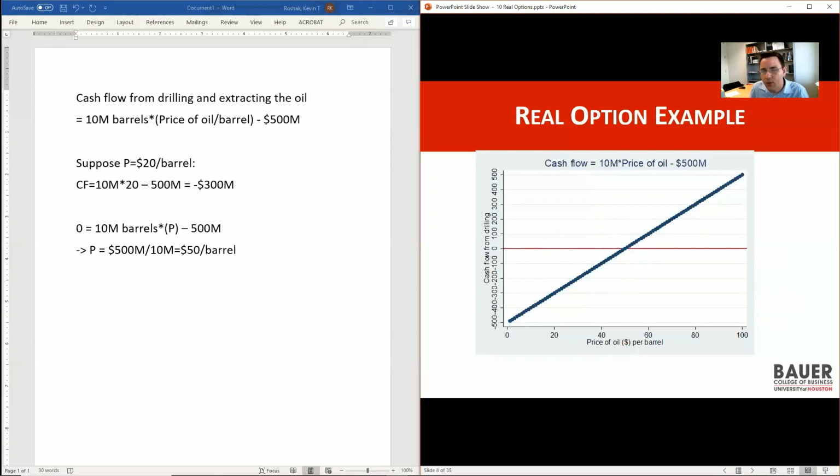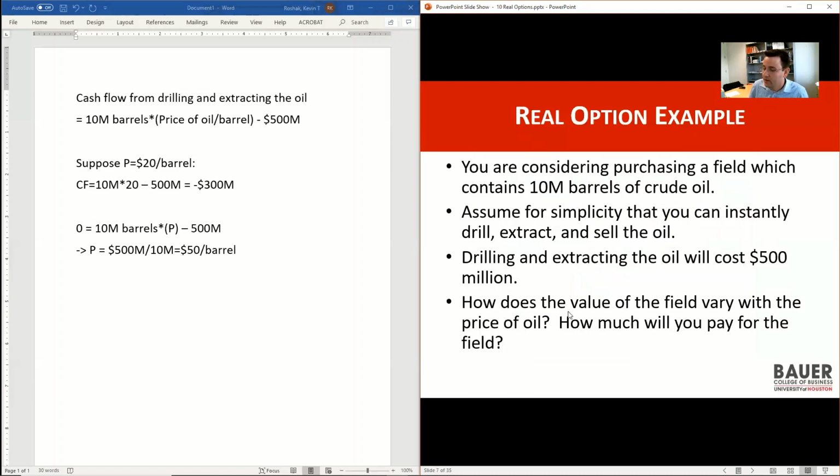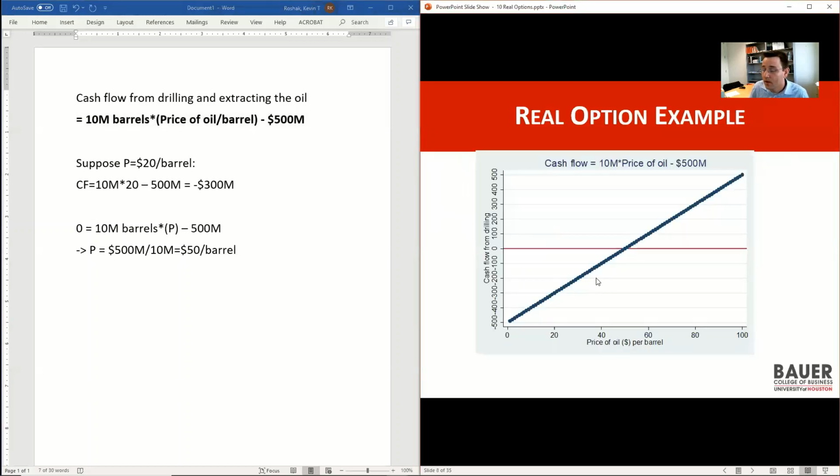In the past, how would we value a field like this? Okay, so how much does the value of the field vary with the price of oil? We've laid that out here. We've drawn out the figure. How much would you pay for this field? Well, that depends on what the price of oil is going to be, what you expect the price of oil is going to be. What have we done in the past? We calculate the expected price of oil, and we use that to get the expected cash flow.